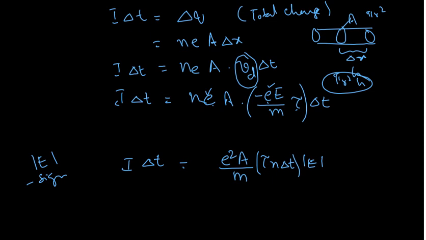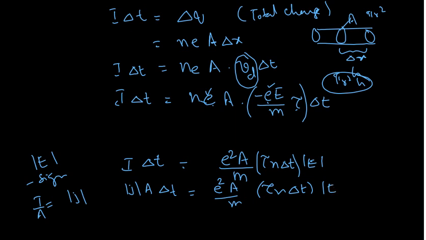We learnt that there is a current density. We had I equal to J, the current density, times A. Therefore I is replaced with mod J into A delta t, equal to e squared A by m tau n delta t into mod electric field.